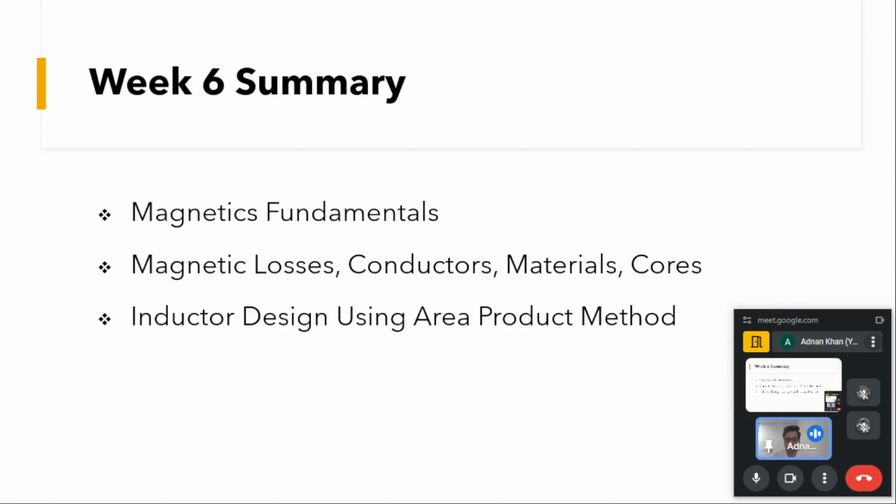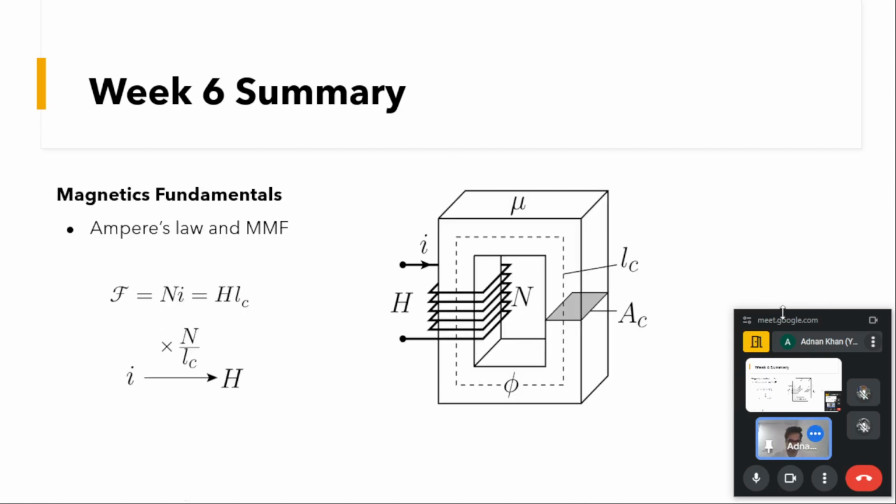Coming to the magnetic fundamentals, the basic of any magnetic circuitry is a magnetic core. This can be of any material, a ferrite, a sand dust, and different cores are available to us. As we know, a current carrying conductor has a magnetic field associated with it.